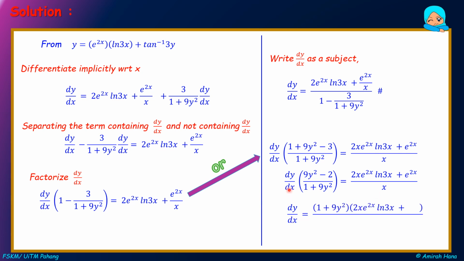So when we write dy over dx as the subject, we have 1 plus 9y squared times 2e to the power of 2x ln 3x plus e to the power of 2x over x, times 9y squared minus 2. This is the final answer. So you can write your final answer as dy over dx equals this one or this one.